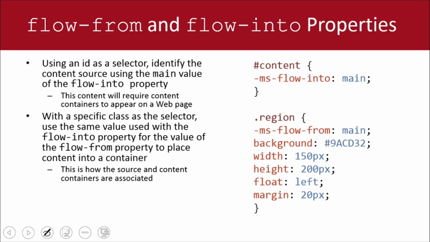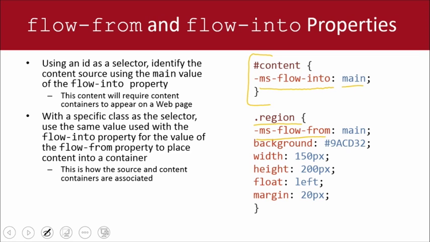All right, so how do we use these flow from and flow into properties? What we're going to do is use an ID as a selector for our content, for that div. And then we're going to use the flow into property and set the value as main. Then for each of our regions, we're going to identify them with a class, and from there, we're going to use flow from.